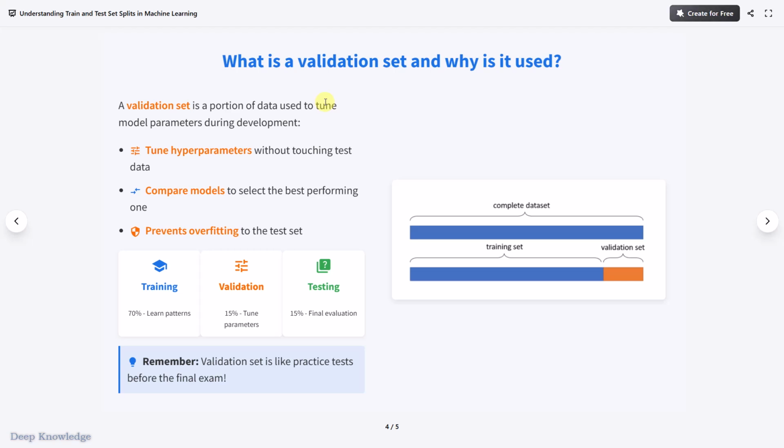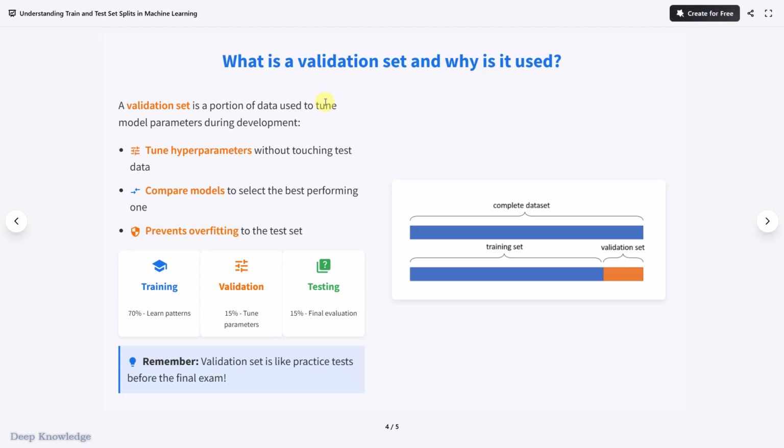We update the parameters of the training model based on validation. If the model is predicting the correct result on the validation set, it will be okay. If not, we will try to update or tune the parameters. It is also used to compare models and select the best performance.